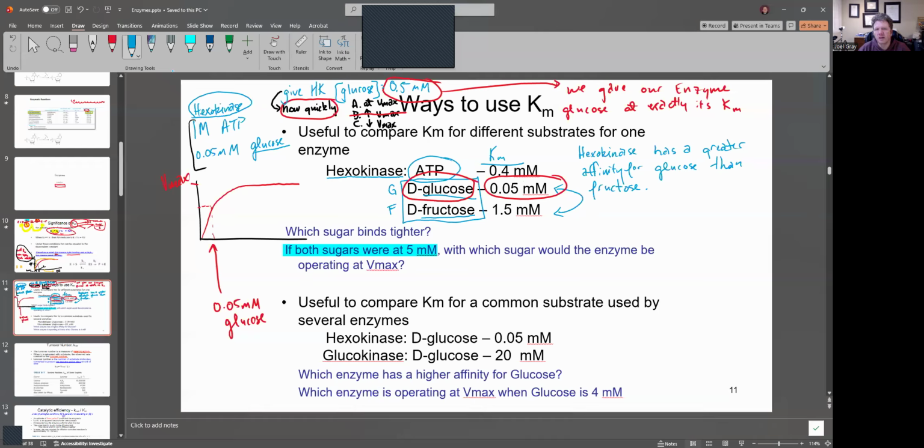Is our enzyme going to be going faster at 0.5 millimolar of the substrate than 0.05 millimolar of the substrate? Basically, is 0.5 greater than 0.05? Yeah, because we've given it more substrate. You could think about the substrate as its fuel. You've given it more of the fuel that it needs.